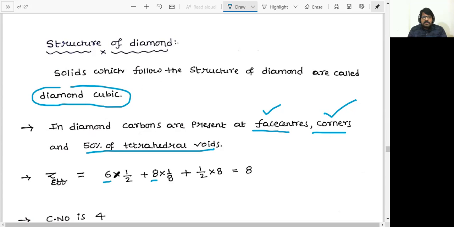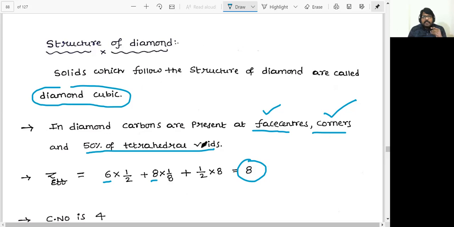So this is 6 into 1 by 2 is 3, 8 into 1 by 8 is 1, and 8 into 1 by 2 is 4. So altogether each unit cell of diamond has effectively 8 carbon atoms. Somehow it is related to zinc blende structure.